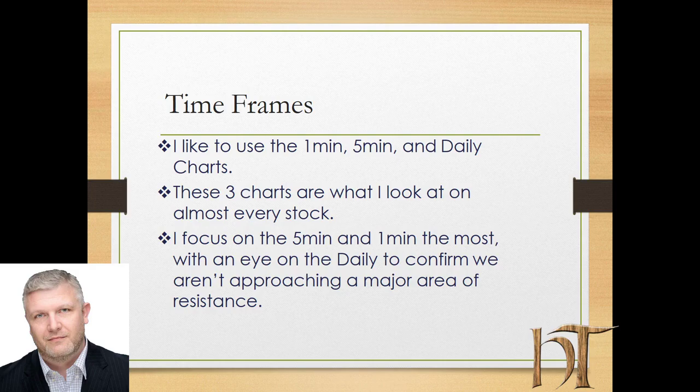I know a lot of traders think that the 1 minute chart is a little bit too choppy, so they might just look at the 5 minute and the daily. Personally, I use the 1 minute quite a lot, especially at the opening bell.